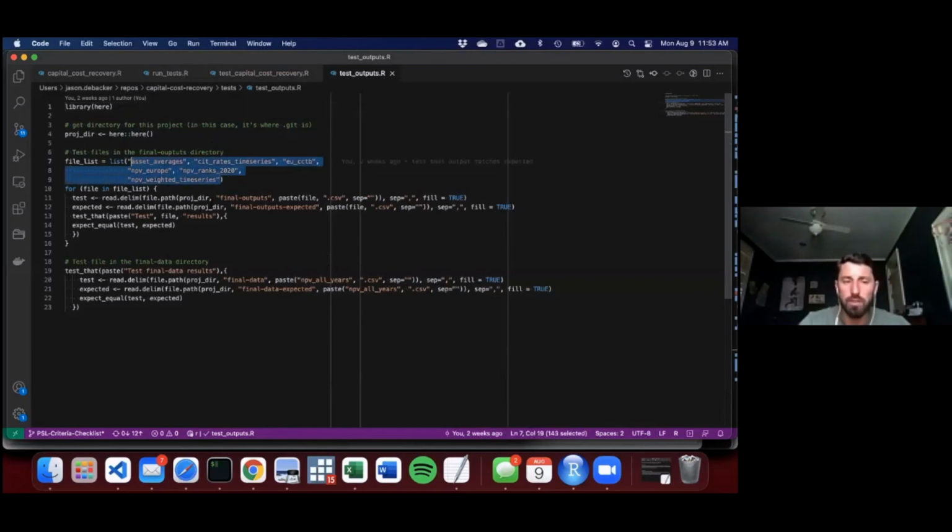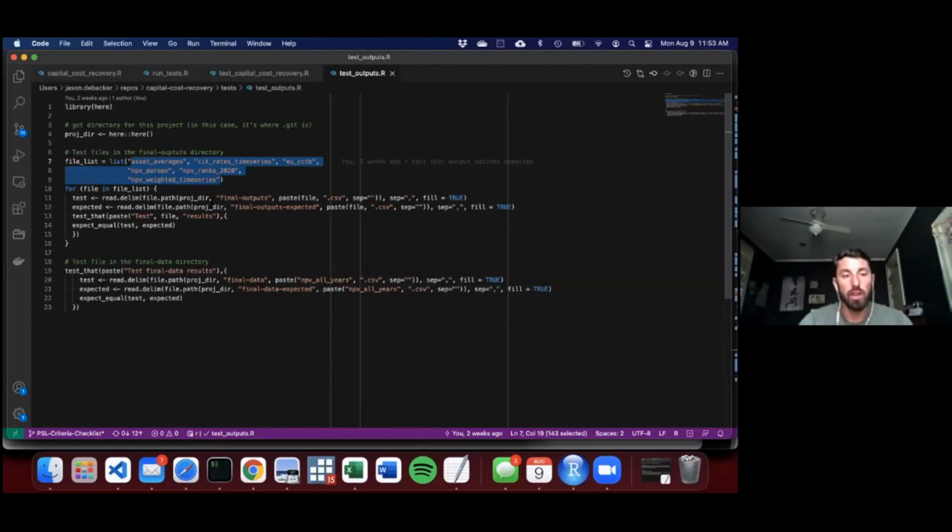Essentially, this capital cost recovery model has a number of different outputs that are saved as CSV files. And this repository has checked into it all of these output files with the file name expected. What this test does is it runs that capital cost recovery model for you, saves CSV files, and then checks that those CSV files match the expected files that are checked into the repository.